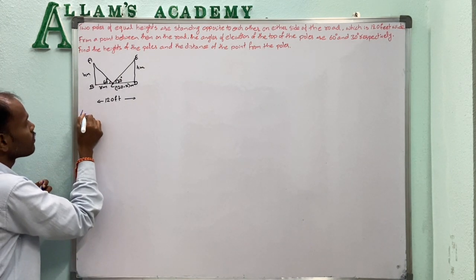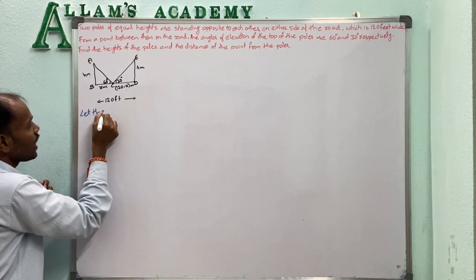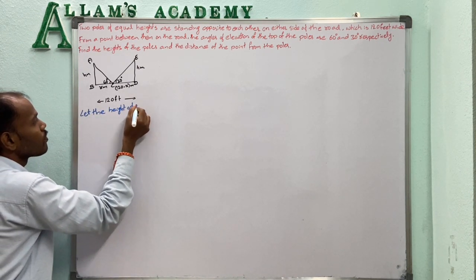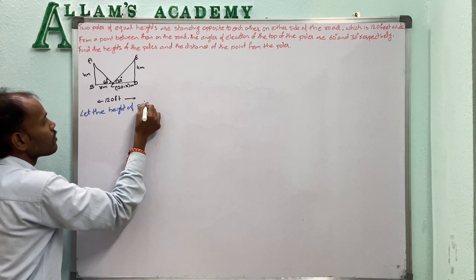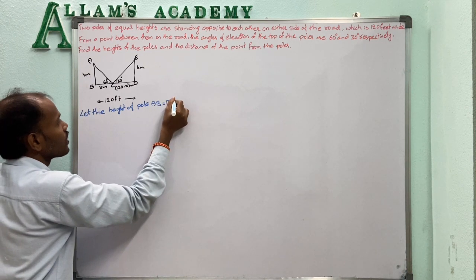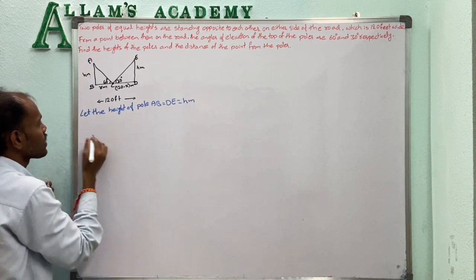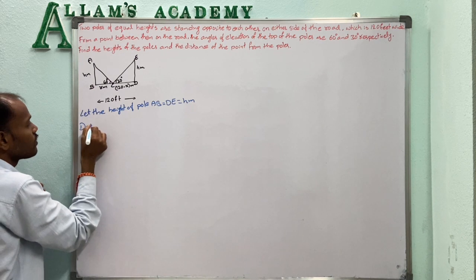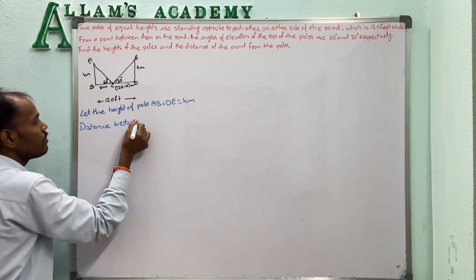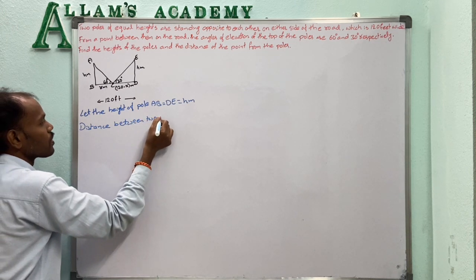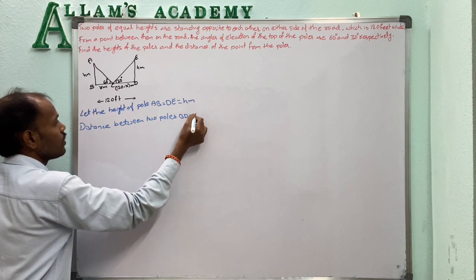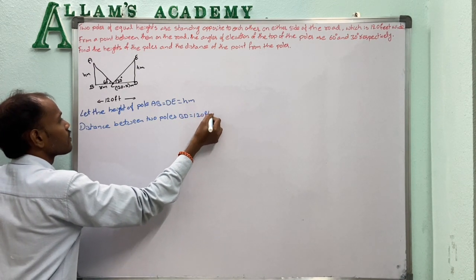Let the heights of poles AB equal to DE equal to h meters, distance between two poles BD equal to 120 feet.